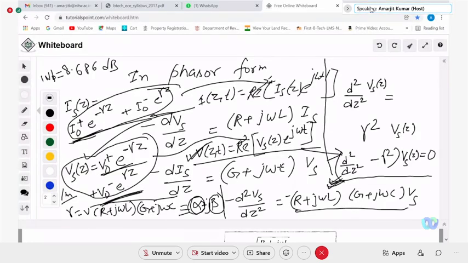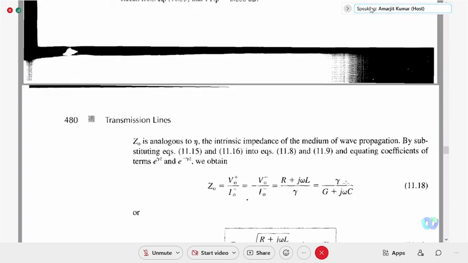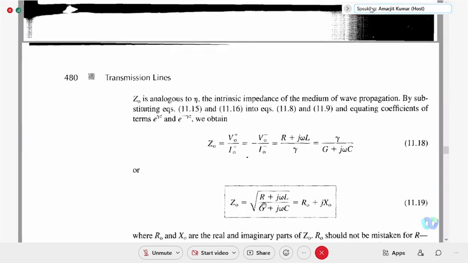Z naught is equal to V naught plus divided by I naught plus, which is equal to minus V naught minus divided by I naught minus. That will be equal to (R plus j omega L) divided by gamma, which is equal to gamma divided by (G plus j omega C). And how have we got this?